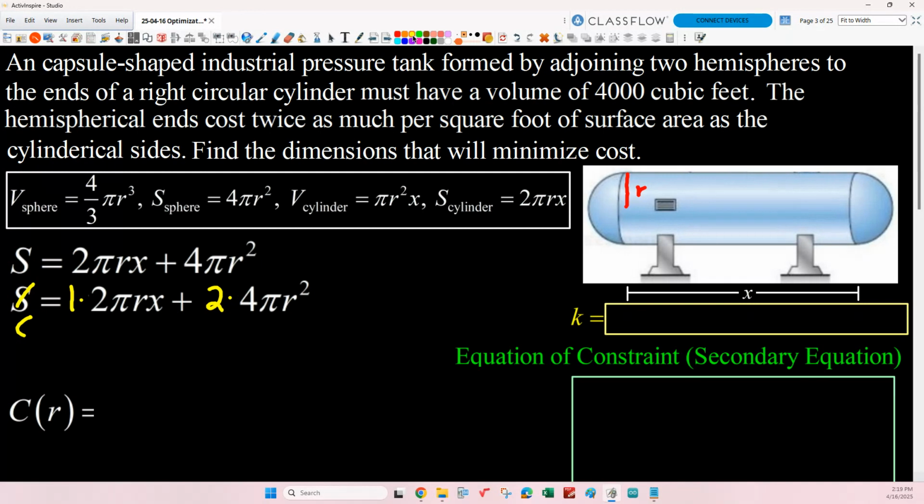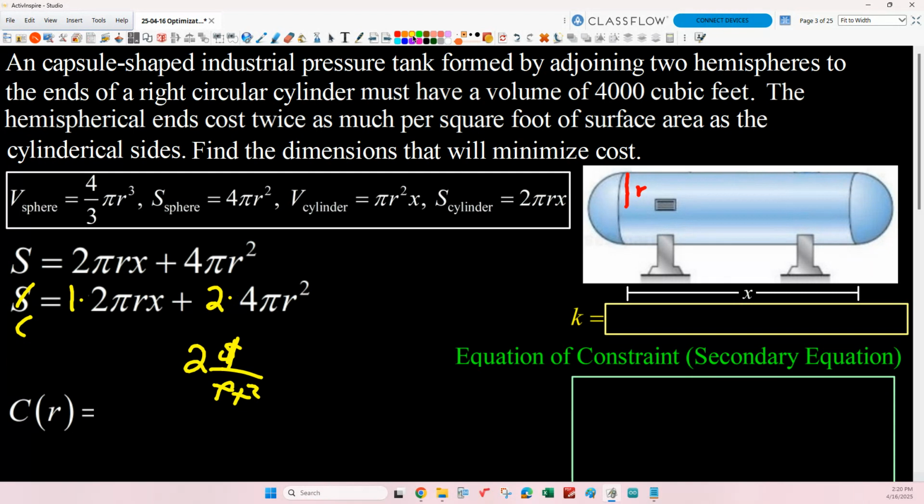Per square foot, wouldn't it? Because the units of 4 pi r squared are square feet, since we're talking about feet here. In order to come up with dollars, I would have to cancel the square feet and replace it with dollars. So what that 2 is really saying is $2 per square foot times the number of square feet.